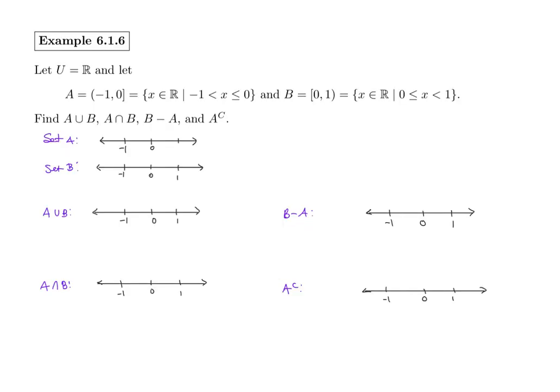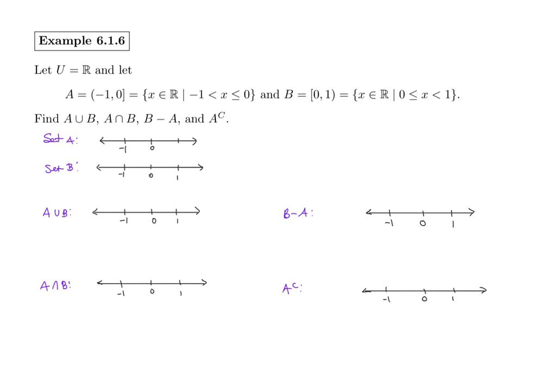For example 6.1.6, we're going to let U, the universal set, be the set of all real numbers, and we're going to let set A be the interval from -1 to 0, not including -1 and including 0, which is defined as the set where x is a real number such that -1 is less than x is less than or equal to 0.